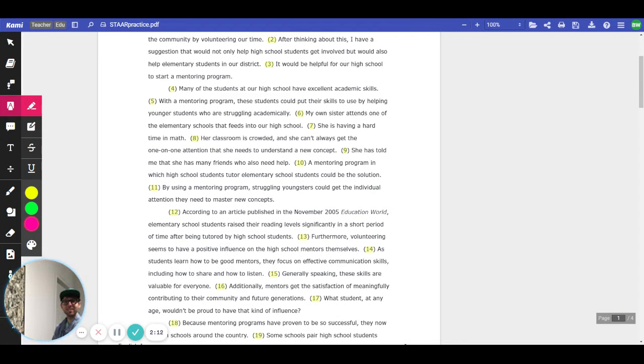Their students have excellent skills. They're arguing for a mentoring program so that they could put their skills to use helping students who are struggling. Okay, then we have our two sentences that we're looking at. "Her classroom is crowded. She can't get the attention she needs." Okay, so the purpose here must be to say that her sister could use some help, right?